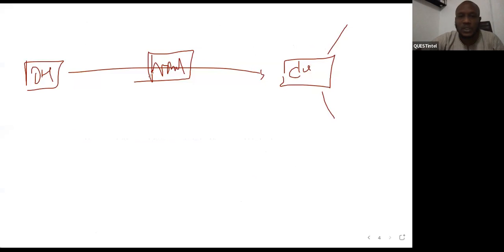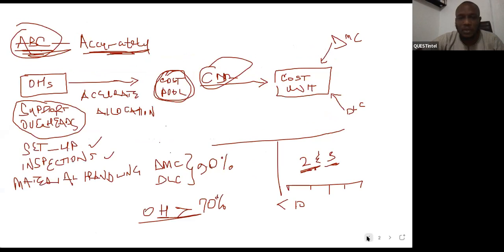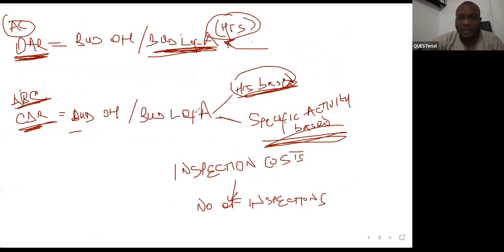Now, one of the things we'll see is the administrative cost of activity-based costing, in being able to break down these different activities. We're trying to say, what is the activity that is driving this particular cost?